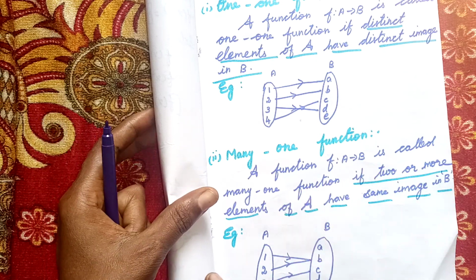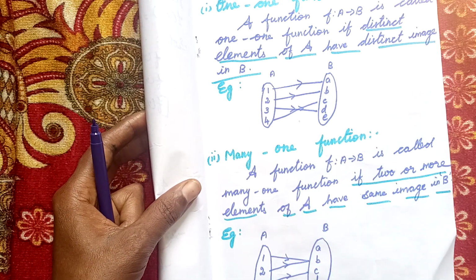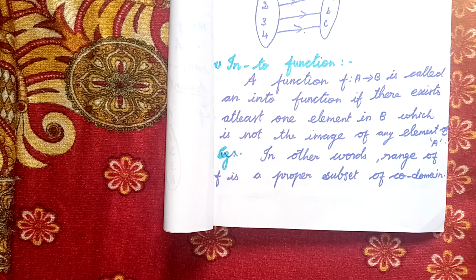Now I am going to explain about into function. Listen, into function is the opposite of onto function. If a function is not an onto function, it is said to be an into function.